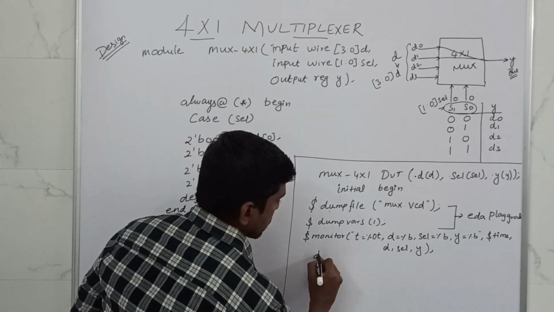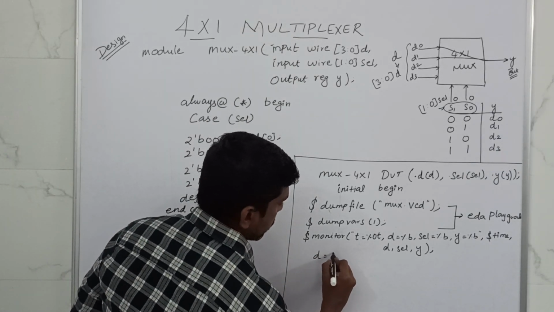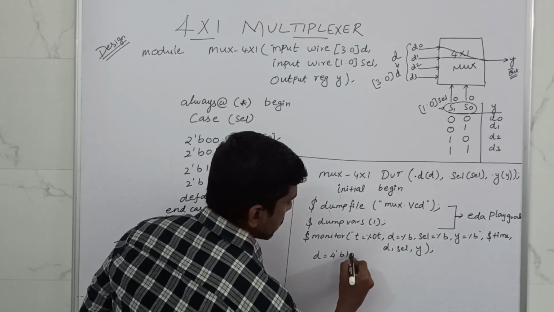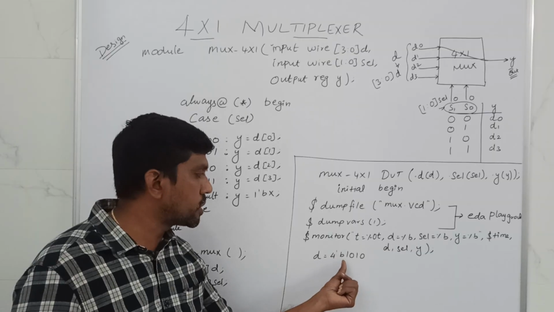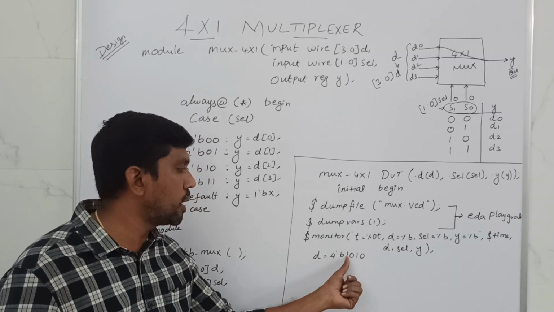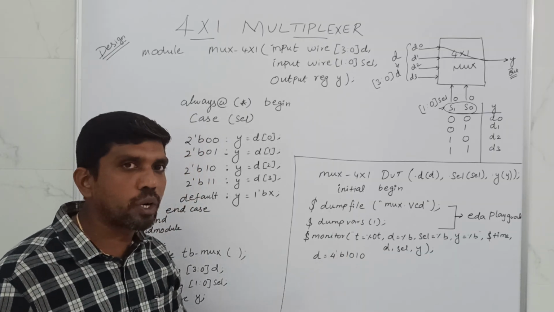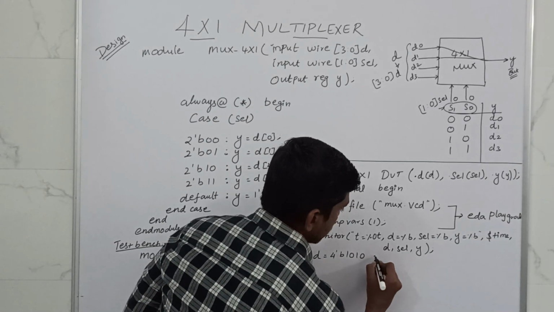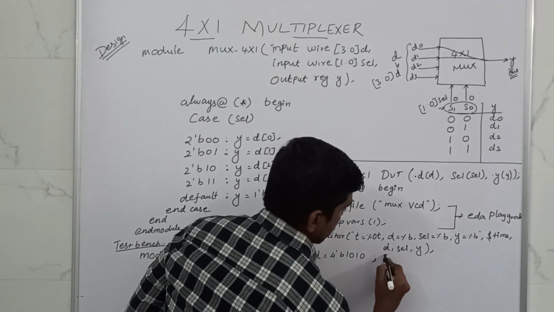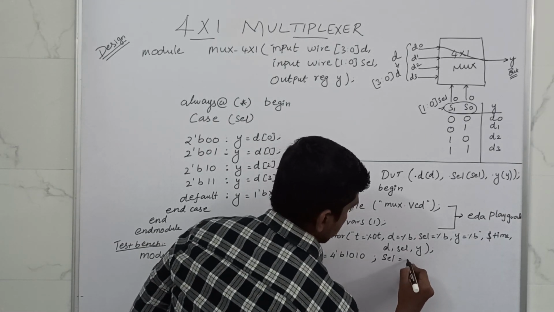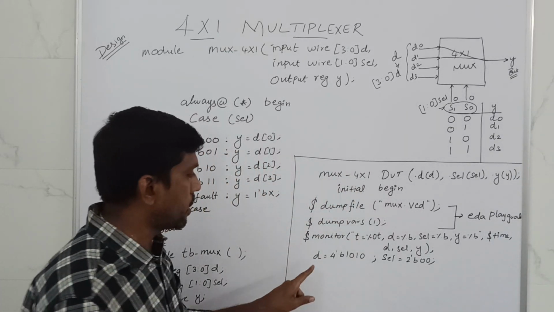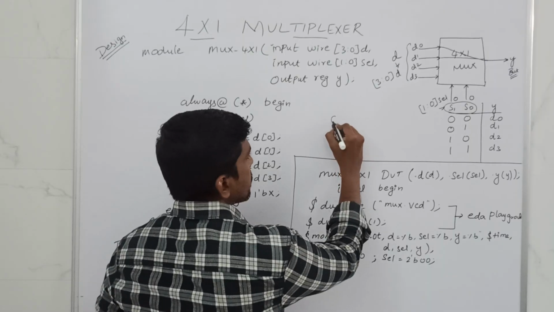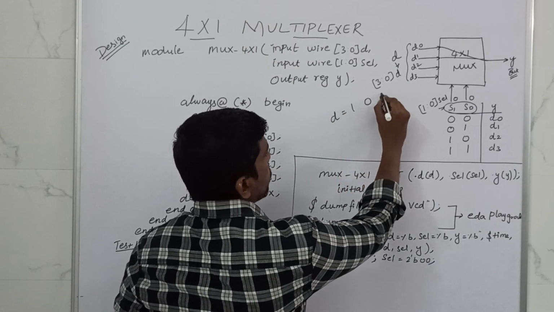Next, now assign the D value: D = 4'b1010. The D value consists of a 4-bit value, represented in binary. Now the selection line value is 2'b00. Let me consider the D value 1010.